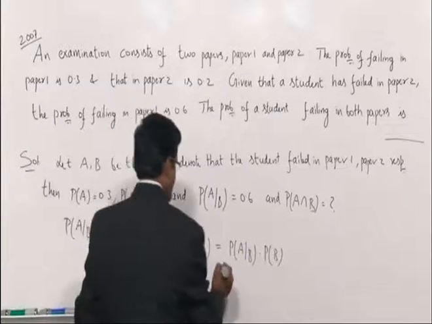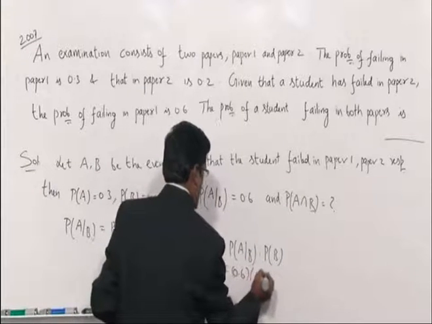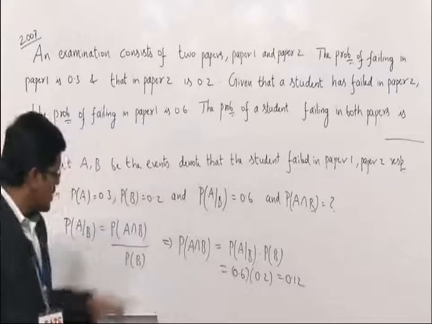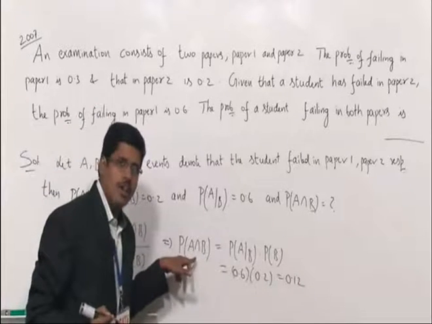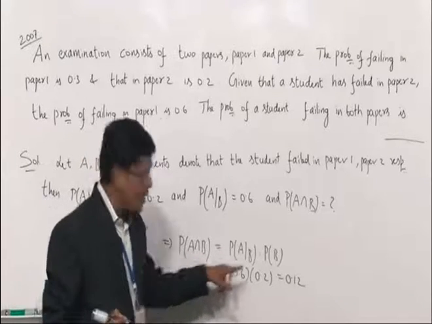Substitute the above data here. P of A given B is 0.6. P of B is 0.2. This simplifies to 0.12. This is the answer. The same here what I wrote, the statement, this is also called multiplication theorem on probability or compound theorem of probability. Okay? Isn't it?